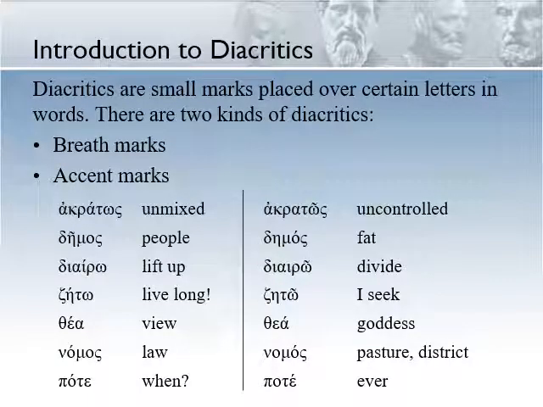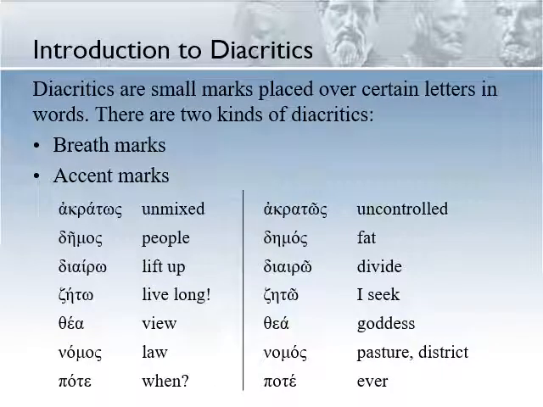Notice the other examples. The second, demos, means people. Demos means fat. Third, the aero means lift up. The aro, divide. Next, zito, live long. Zito, I seek. Thea means view.